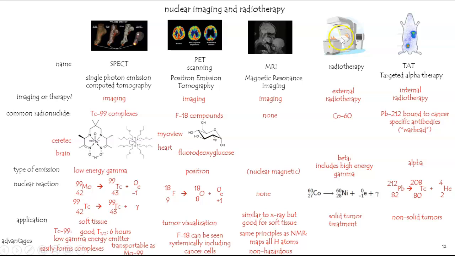It doesn't have to be regiospecific. They then undergo alpha emission, which is a high energy, short range emission, which targets those regions and has great potential for non-solid tumors. Perhaps it's a little bit like targeted bomblets. They each go to different regions. This is a look at nuclear imaging and radiotherapy.